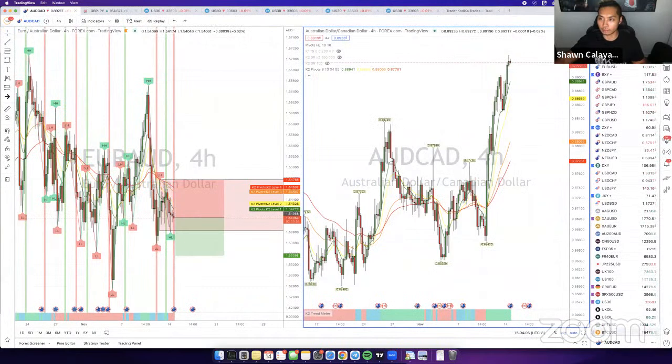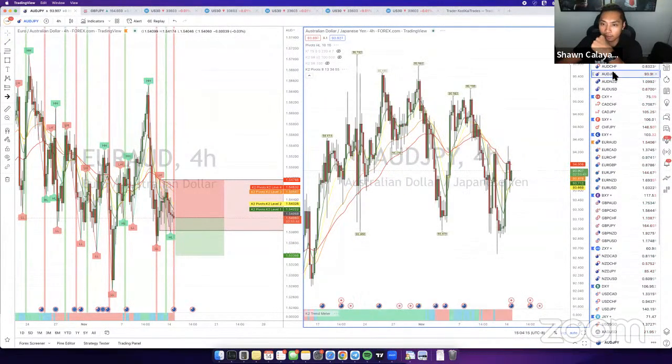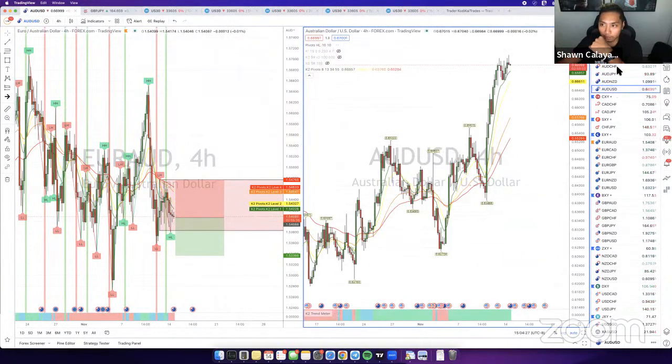Drag this up real quick. Okay, so AUD CHF, this is going down. This is not good. AUD JPY, this is going down. This is not good either. AUD NZD is going sideways. AUD USD is going up.